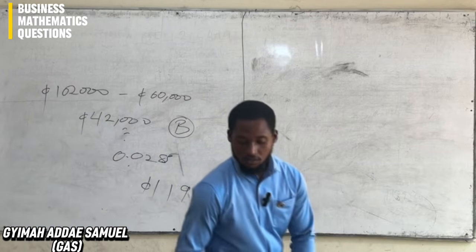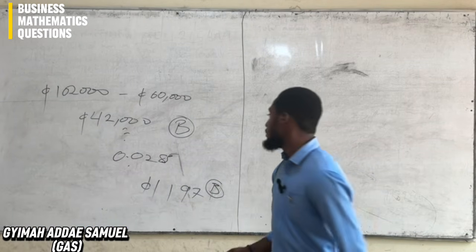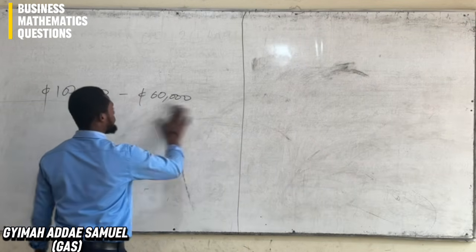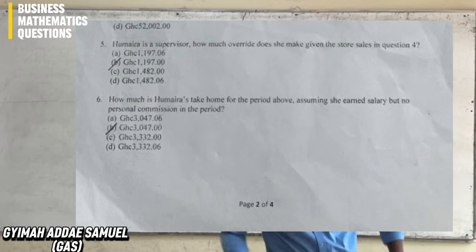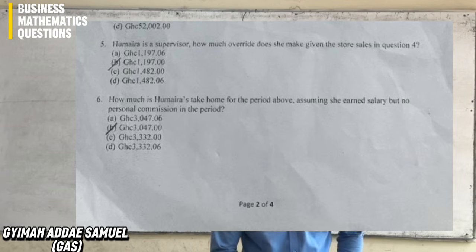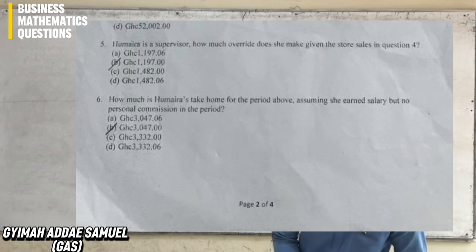We proceed to question 6. It says, how much is Humira's take home for the period above, assuming she earned salary but no personal commission in the period?